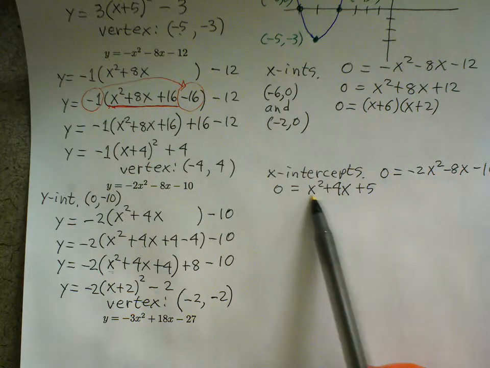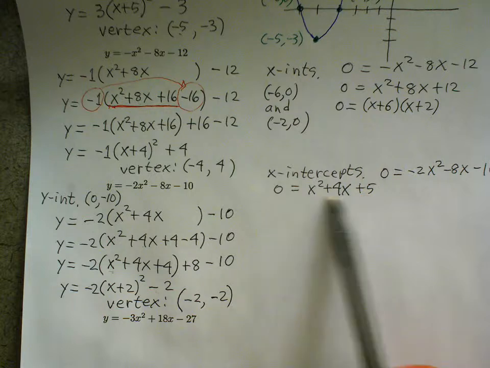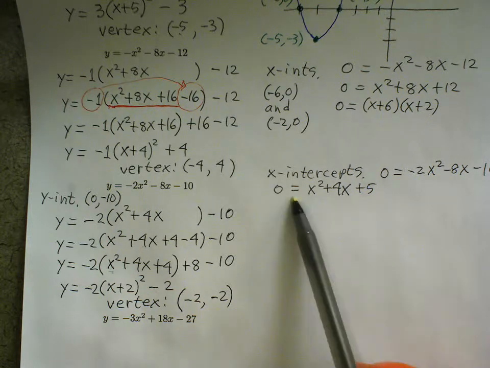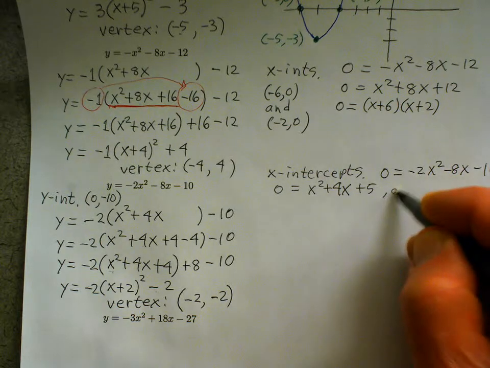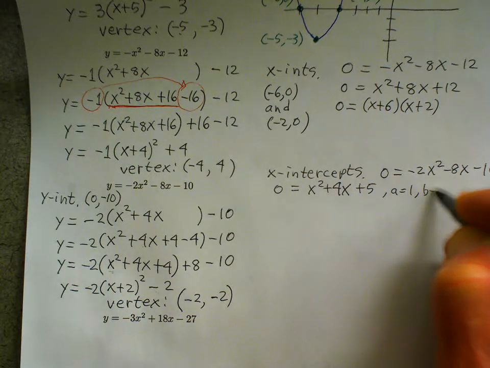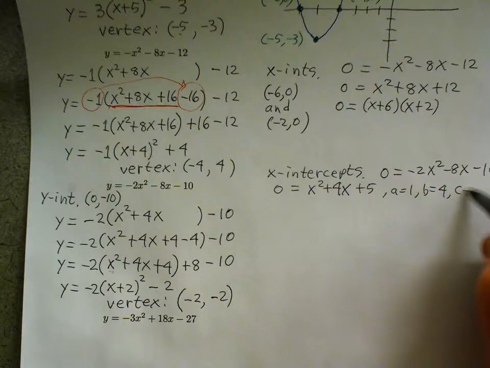Well, the trinomial cannot be factored with integer coefficients, so we can use the quadratic formula, where a is 1, b is 4, and c is 5.